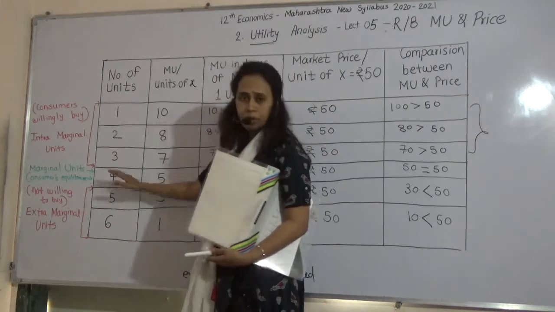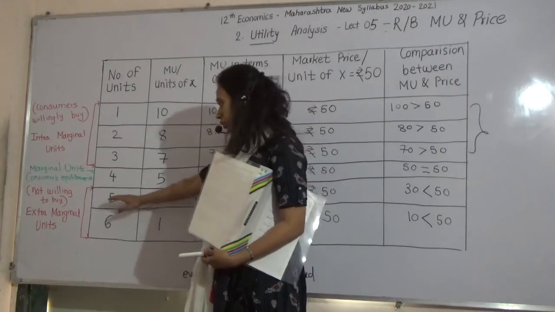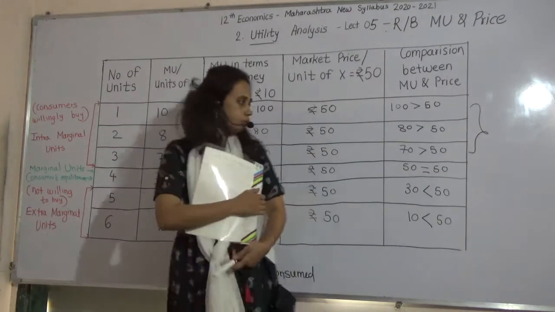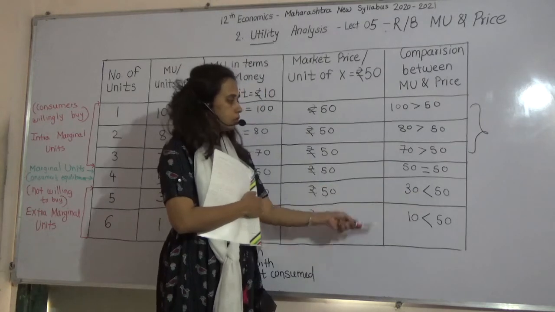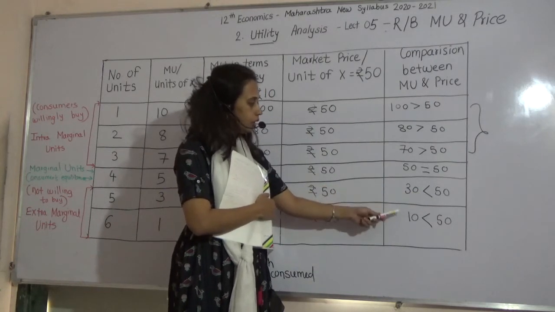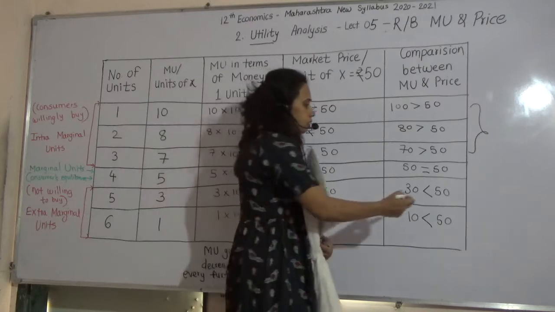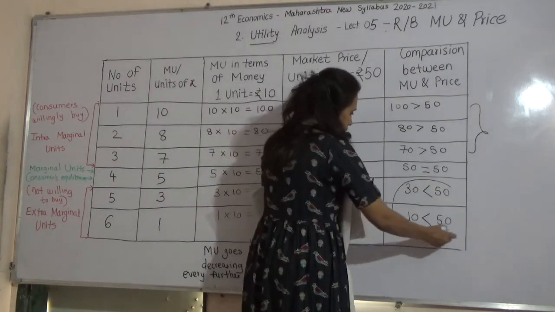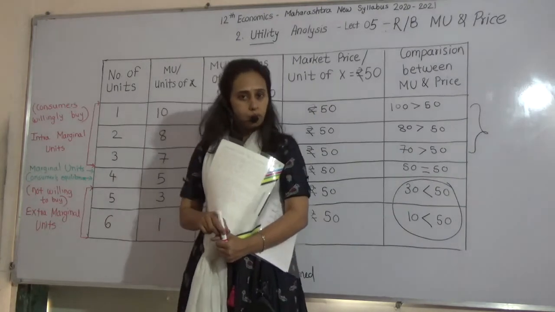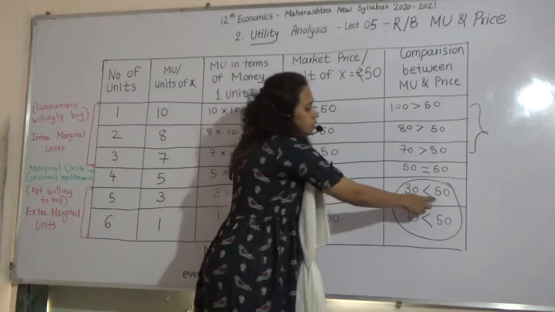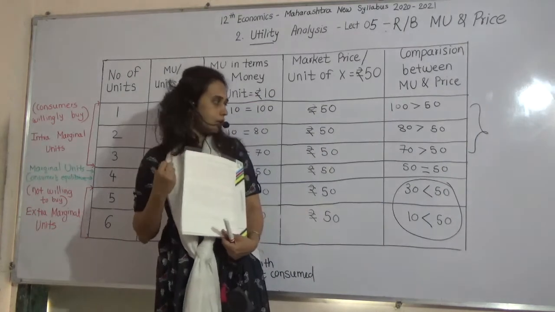Here also he can purchase, but for fifth and sixth unit, observe this. Here what is happening? Price is more, but MU, marginal utility, is less. So this is the case where the rational consumer will not go and purchase the product, because price is more than whatever utility he is getting.